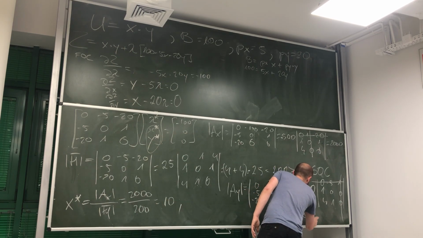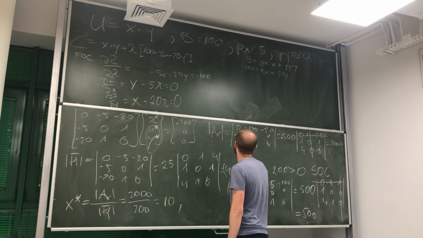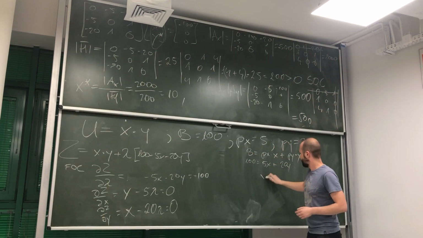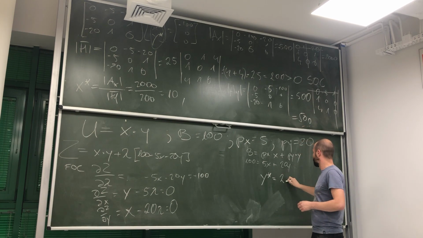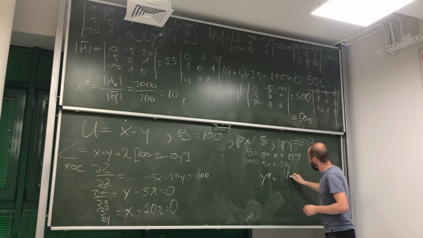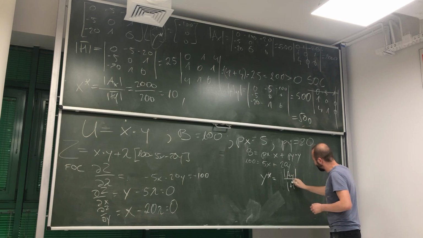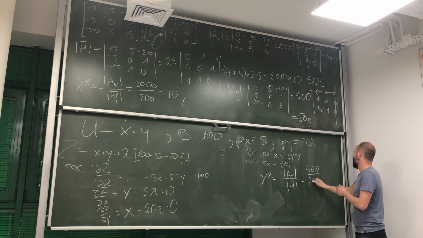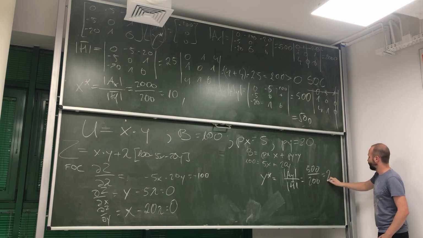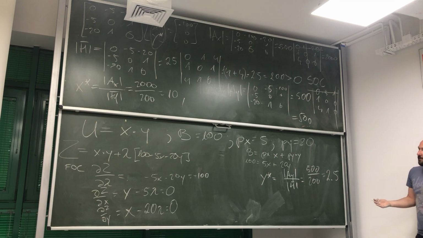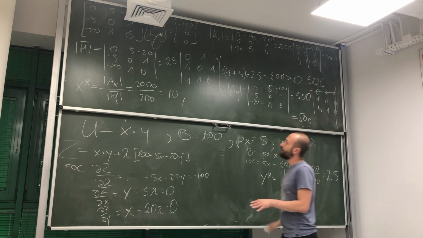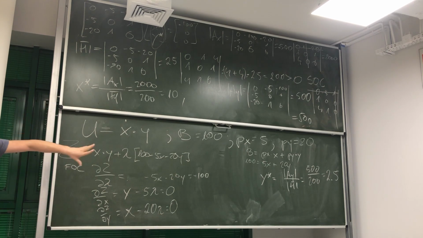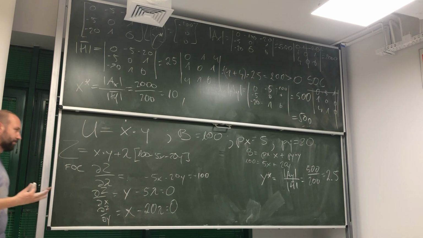I was making sure I didn't make a mistake. So y is equal to Ay over the bordered Hessian, which is 500 over 200, which gives us 2.5.